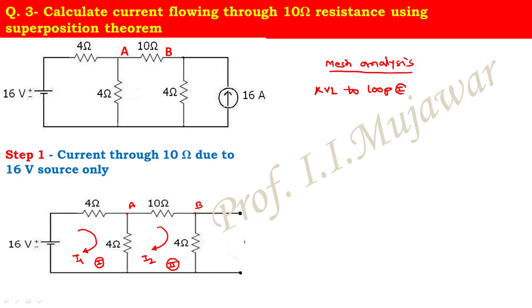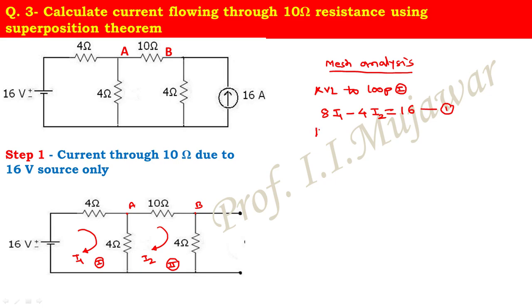So when I'm applying KVL to loop 1, the total self resistance is 4 plus 4, that is 8I1, minus mutual resistance 4I2, and that is equal to, now this battery is forcing the current in the same direction to that of the loop current, so it is plus 16. So you have the first equation.